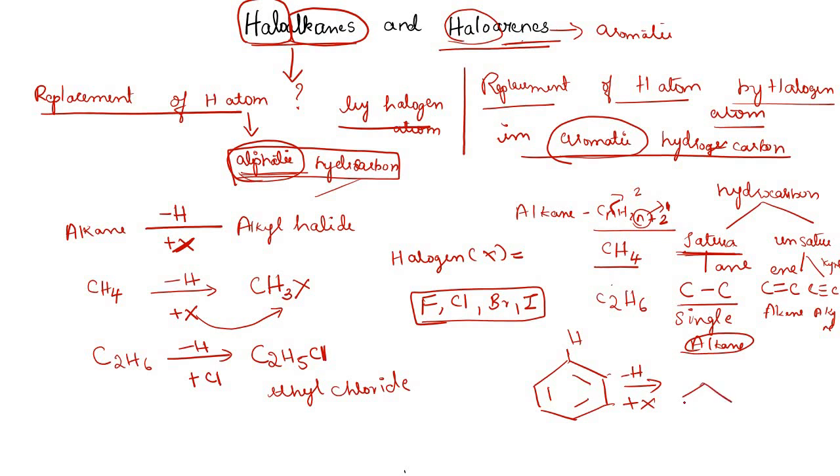You just have to remove one hydrogen and replace it with the X. This is haloarenes. Only aromatic compounds are involved in it. That's the only difference between haloalkanes and haloarenes. I think the introduction and the definition behind it are clear.